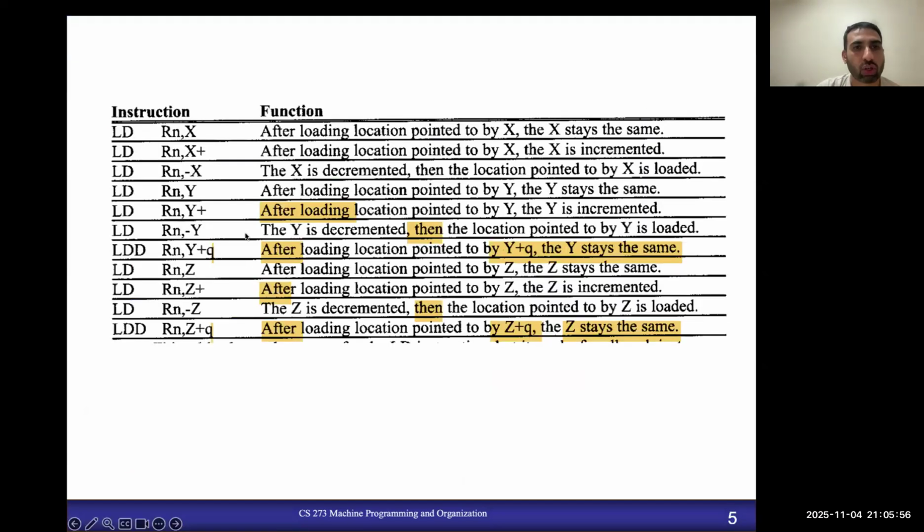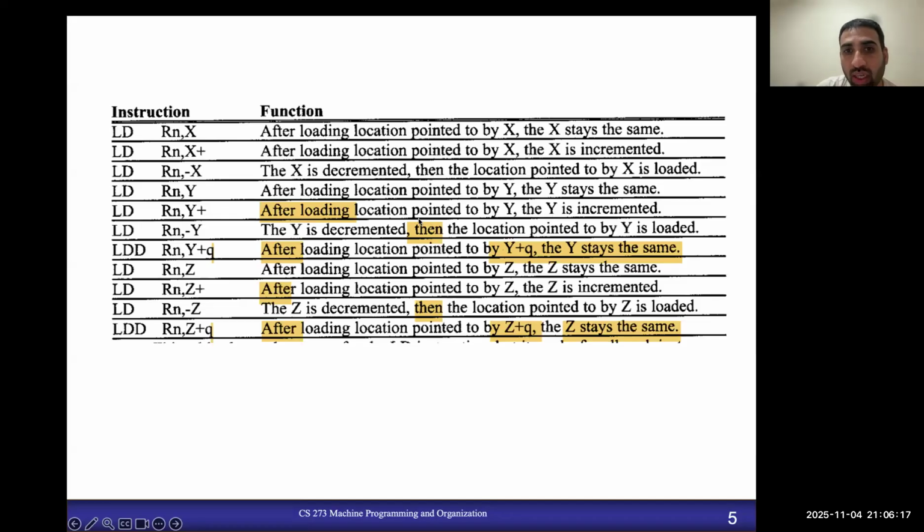Okay. So this is just a screenshot from your textbook. I just wanted to highlight some points here. When you are using the post-increment variant, after loading the location pointed to by Y, the Y is incremented.